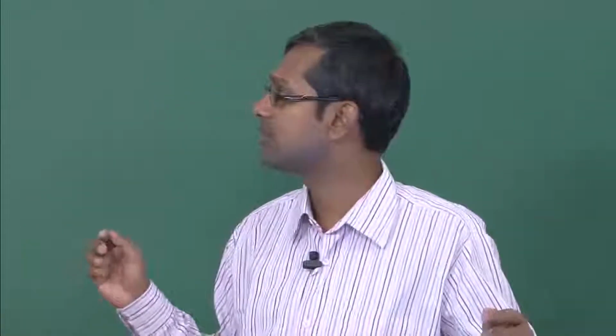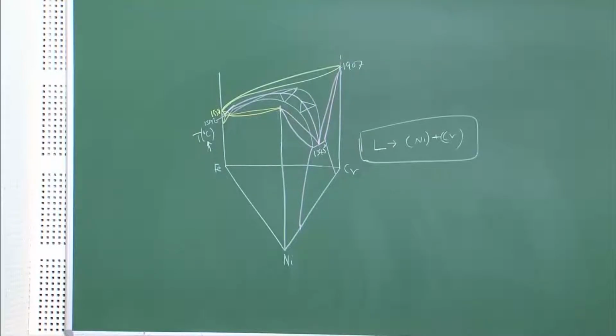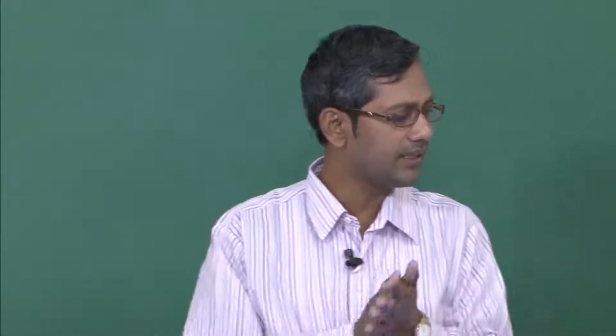Basically, if you look at this board, the monovariant eutectic equilibria extends from the peritectic to the eutectic. It starts from the peritectic and descends to the eutectic temperature, and ends there. That is what happens. Other than that, nothing much happens in these alloys. Okay. So, now I have given you some idea about that.